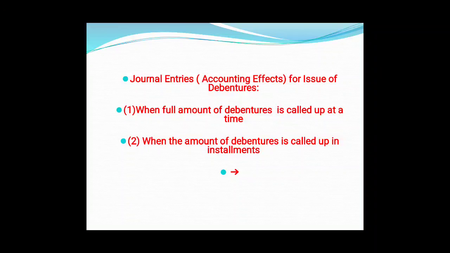Journal entries, that is, accounting effects for issue of debentures. Number 1, when full amount of debenture is called up at a time. Number 2, when the amount of debentures is called up in installments. Let us see when full amount of debenture is called up at a time, what entries are passed.